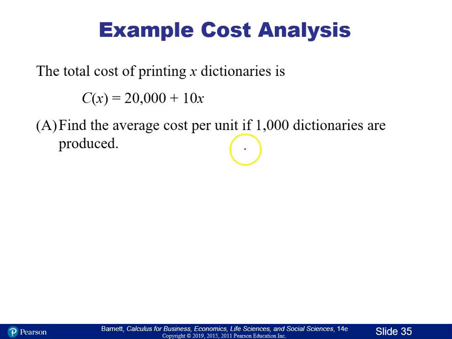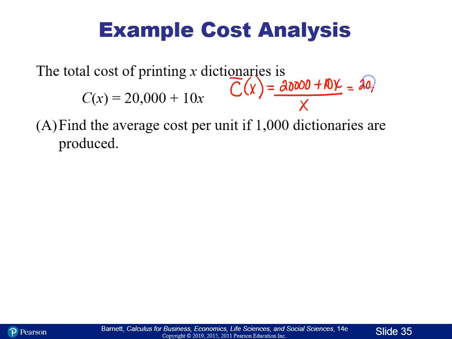Okay, so if we want to find the average profit per unit if 1,000 dictionaries are produced, so we need to come up with the average cost function here. So the average cost function is going to be 20,000 plus 10x divided by x, because it's always the cost function divided by x.